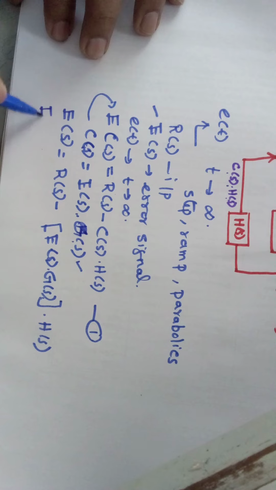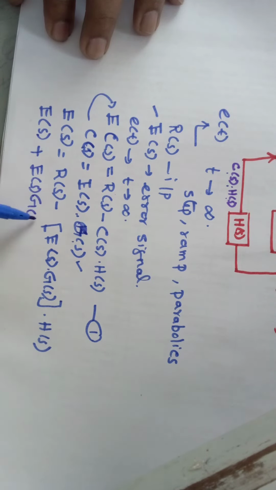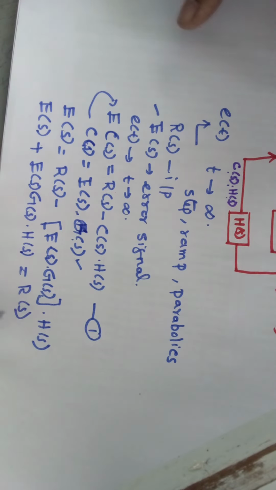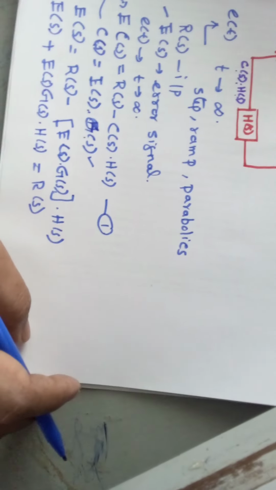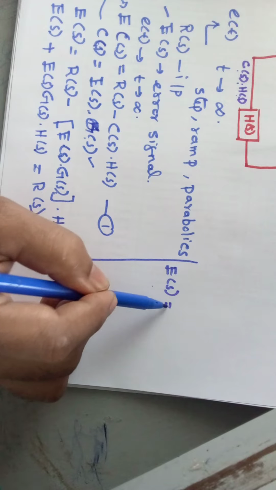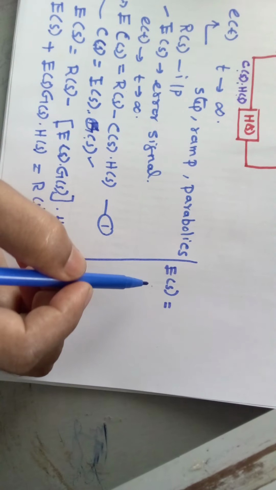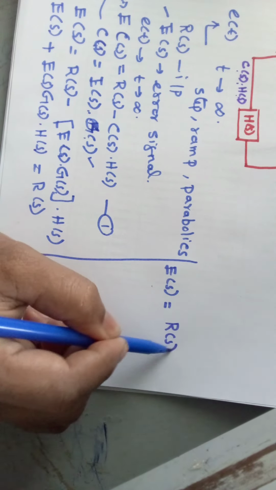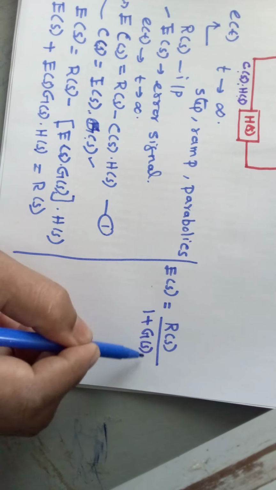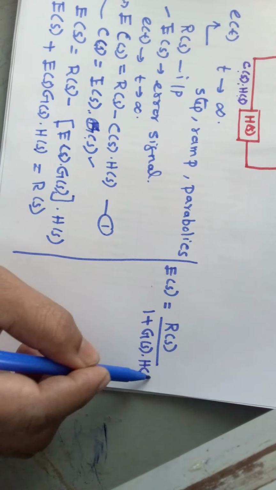Or we can write this as E(s) plus E(s) G(s) H(s) equal to R(s), the input signal. Understood? So from this equation we can write E(s) equal to R(s) divided by 1 plus G(s) H(s).